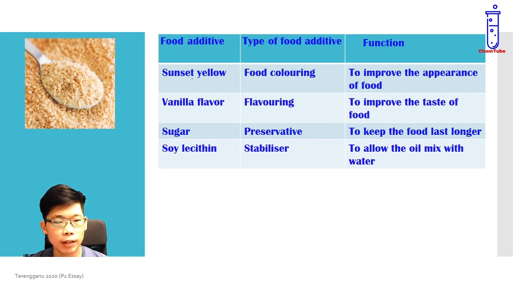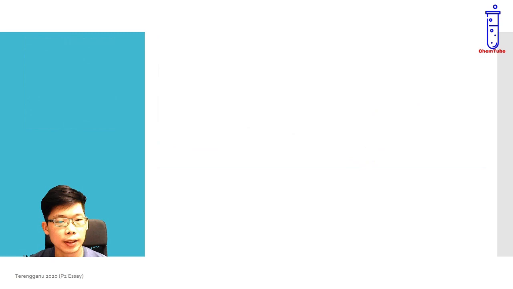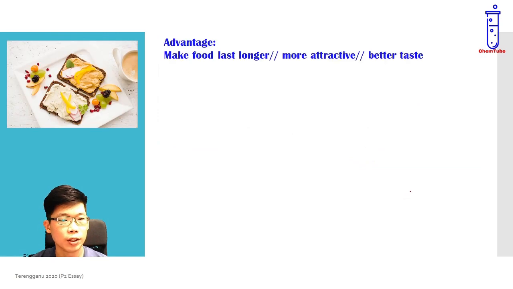You can pick any two of these food additives, and then list out the food type and the function. So the total is 6 marks. After that, you can list out the advantage of the food additives you have listed.